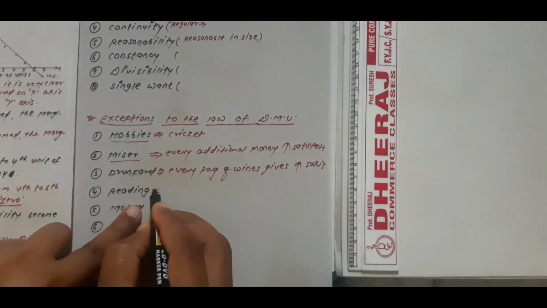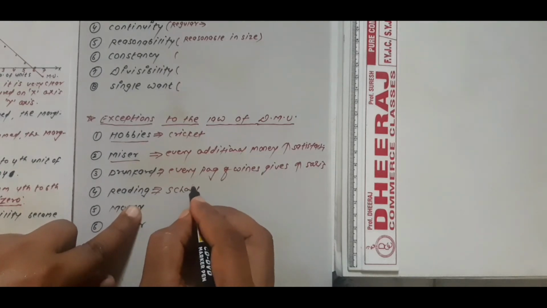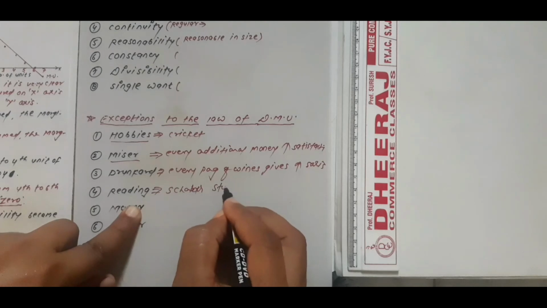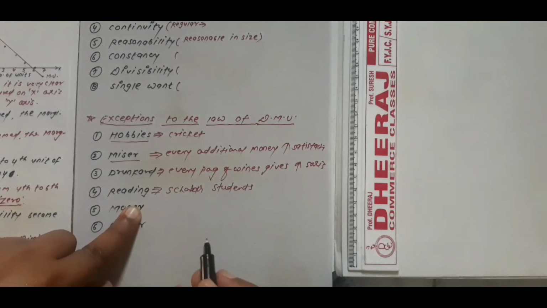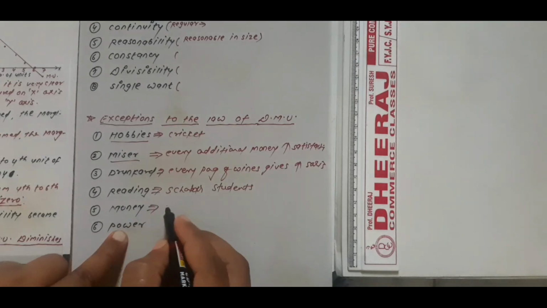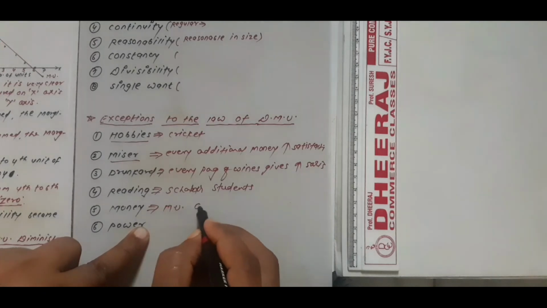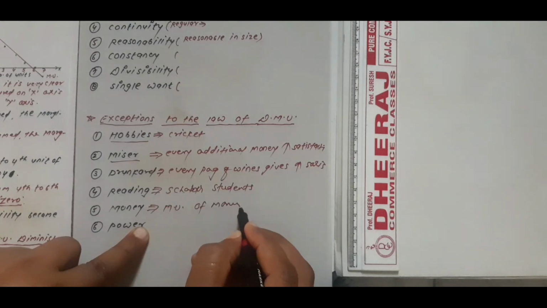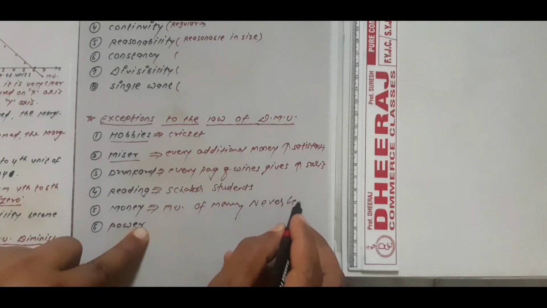Next is reading. Any scholarly student gets more and more satisfaction when he reads additional pages or additional books. Then money: the MU, the marginal utility of money, never becomes zero.